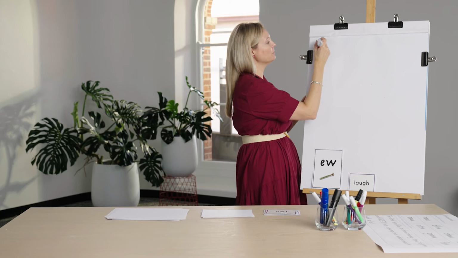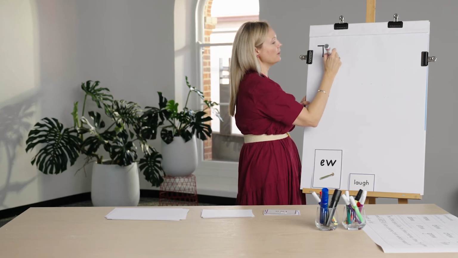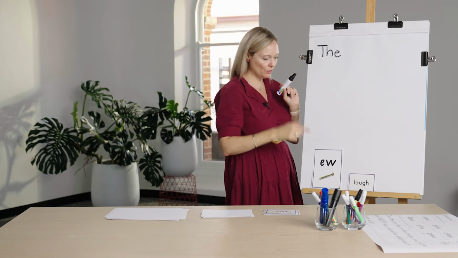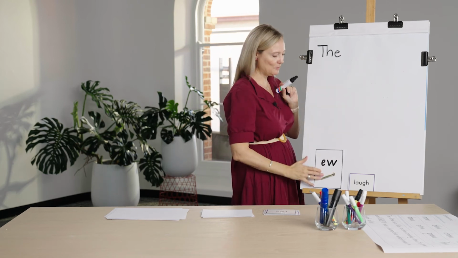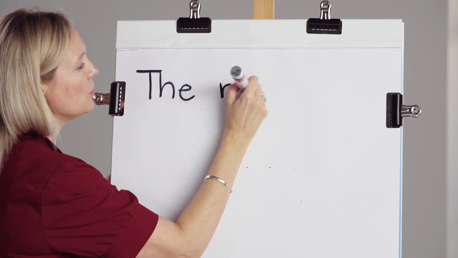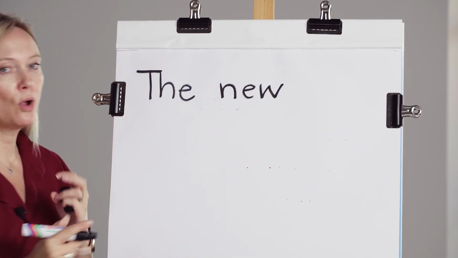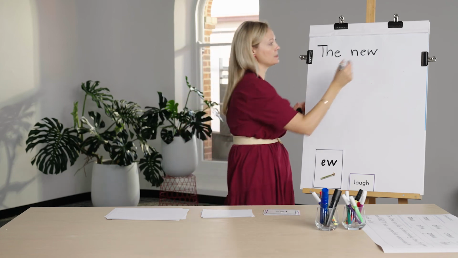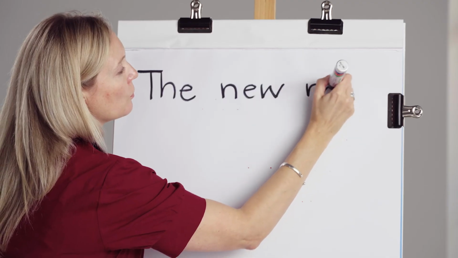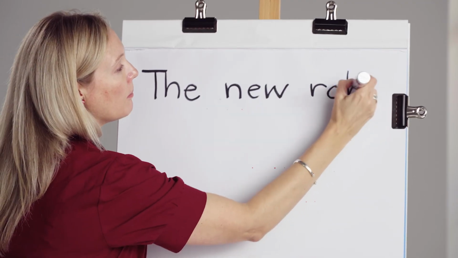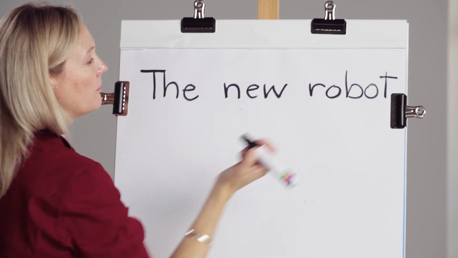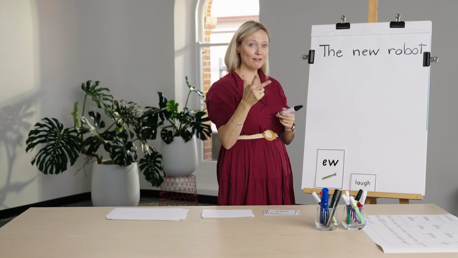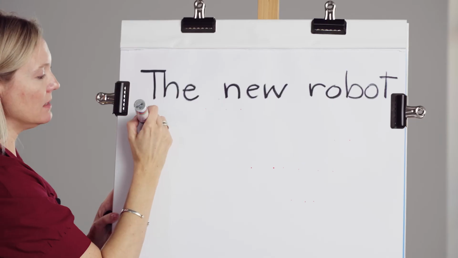Capital letter. The new robot. Row. Let's write that first syllable. Row. Bot. What did he do? He made us laugh. Made.